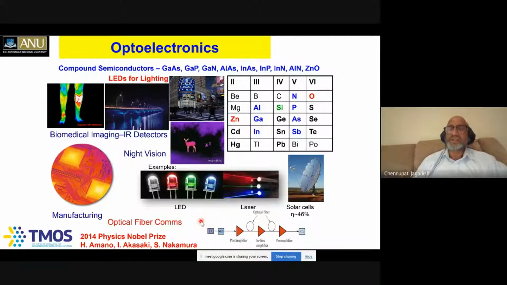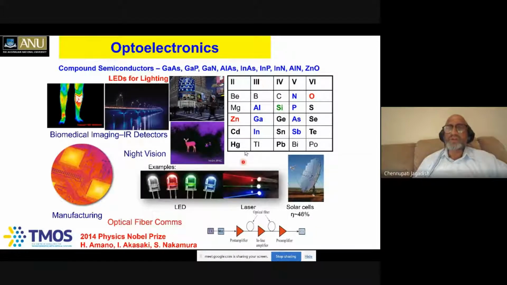So as you know, silicon is a wonderful semiconductor. In fact, silicon is now widely used also for silicon photonics. But unfortunately, silicon is not a very good light emitter because of its indirect band gap nature. That means the minimum in the conduction band and the maximum in the valence band in silicon take place at two different wave vectors.